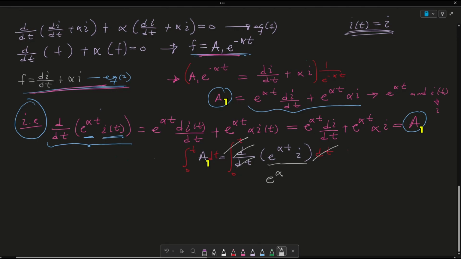I'm left with e to the alpha t times I is equated to the integral from 0 to t of my constant a, which is simply a1 t plus another constant, call it a2. So then to solve for I, which is just I of t, I get a2 first, plus a1 t, times e to the minus alpha t.